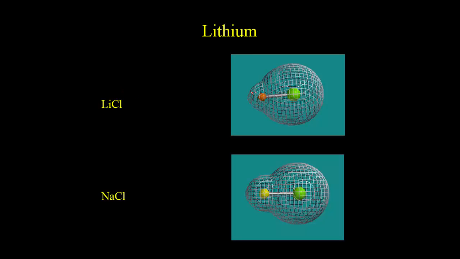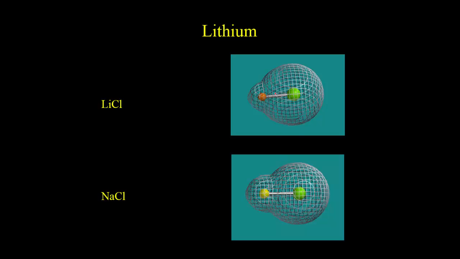Another couple of examples of lithium's unique properties. If we look at this computer model of the electron density around lithium chloride versus sodium chloride, it's kind of subtle, but you can see that the sphere around the chloride is actually not as spherical as it is in the sodium chloride case.